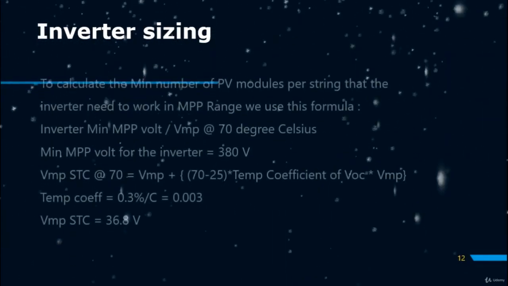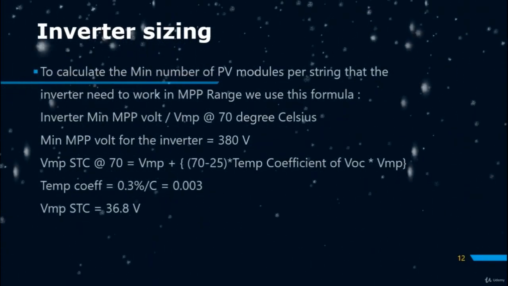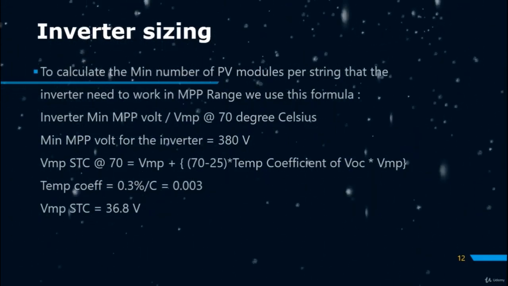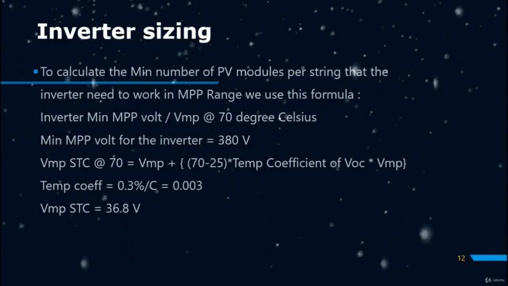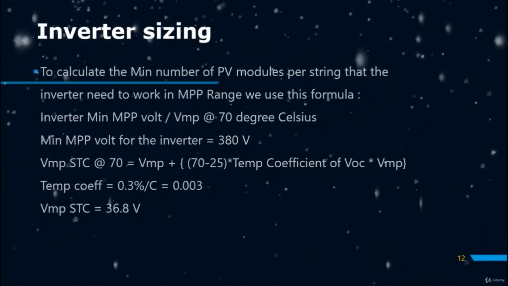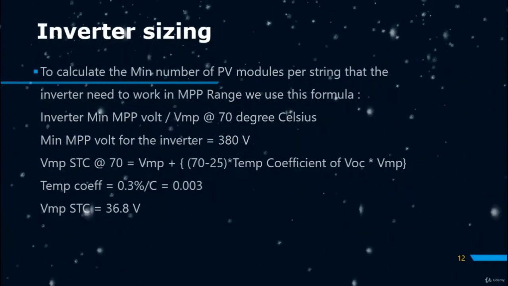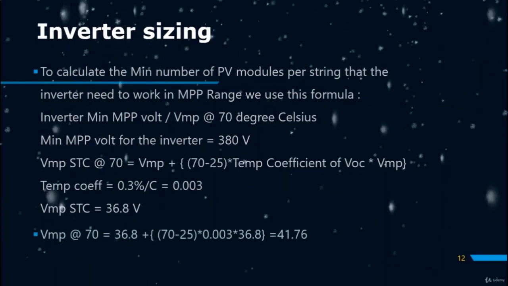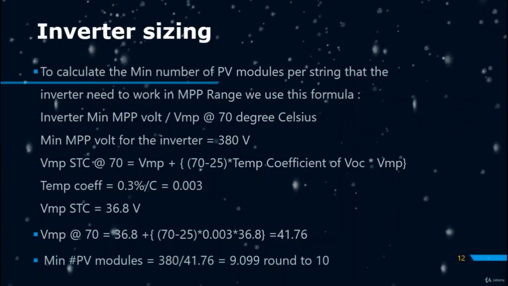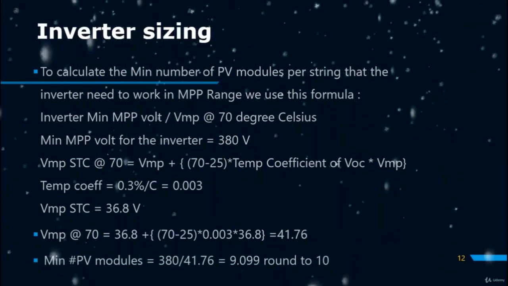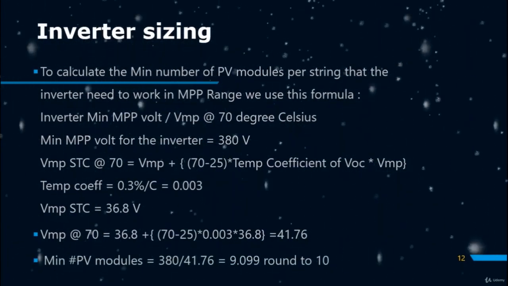So, use the same formula to calculate the VMP, but change the V open circuit to VMP and the temperature to 70 minus 25. Compute, and we will get 41.76 volt. The minimum number of PV modules per string is 9.09, rounded to 10.